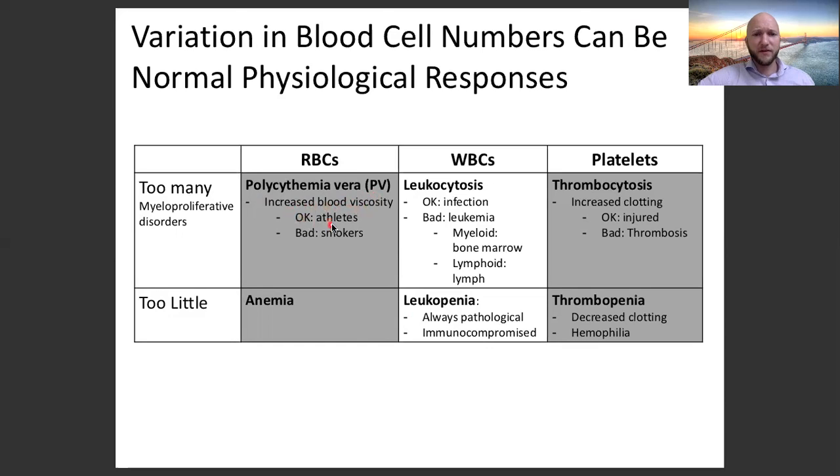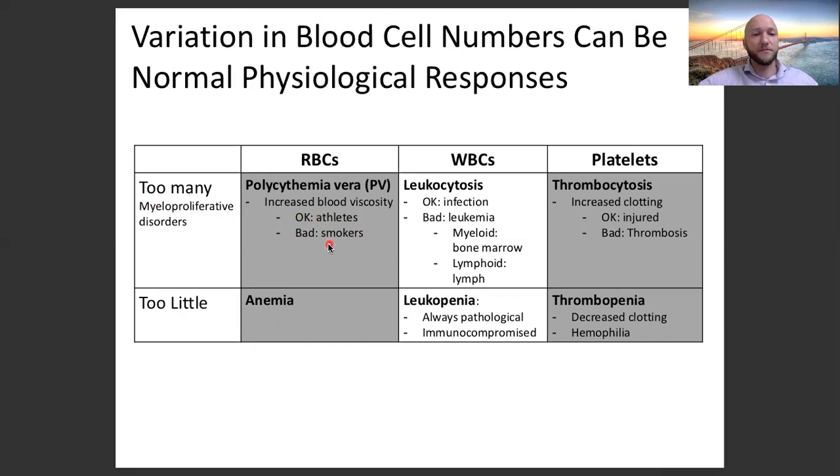But if it's a small amount and it's because you're an athlete who's training in Tahoe or Colorado, it can be totally normal to have a slightly increased number of red blood cells. If you have polycythemia vera because of a myeloproliferative disorder, not a good issue. If you have it because you're a smoker, not a good issue.